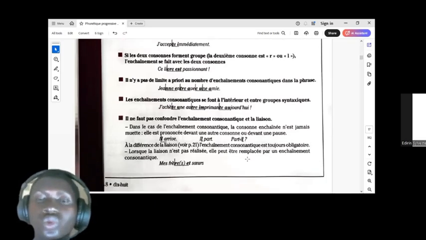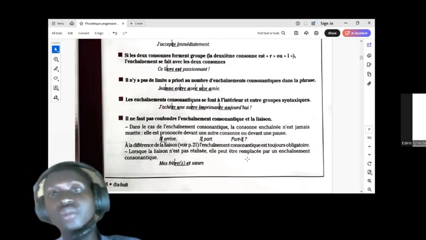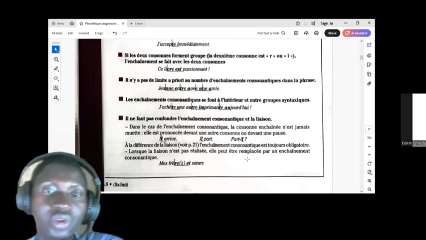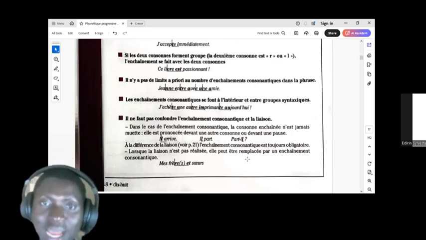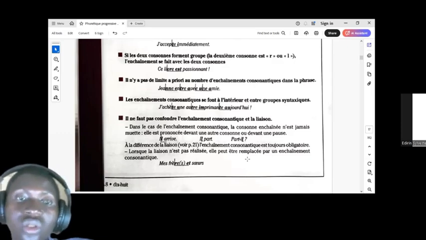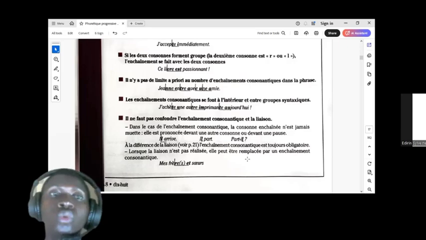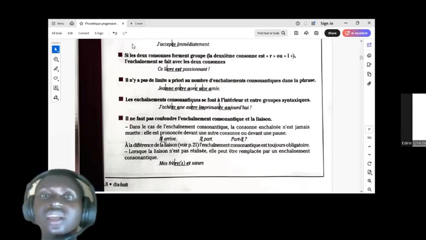Now, l'enchaînement consonantique is different from liaison. We're going to deal with that very soon. For l'enchaînement consonantique, the consonant is already pronounced, whereas for liaison, it is not pronounced. Now, with that said, we are going to deal with liaison very briefly now, so that we can actually establish the difference better.